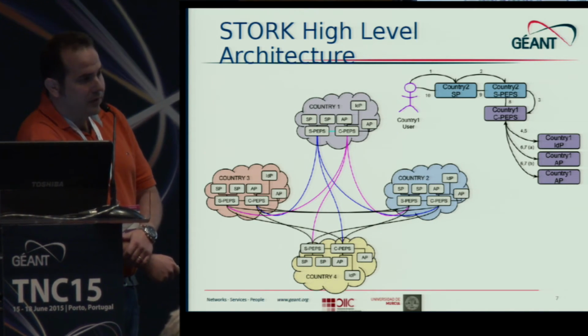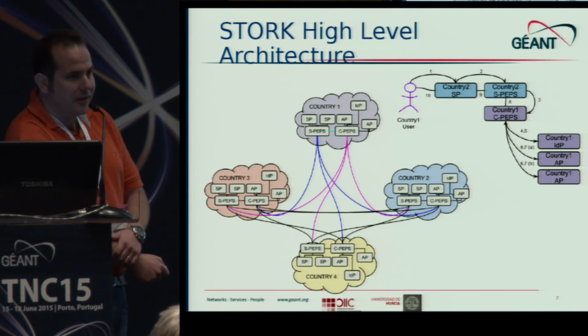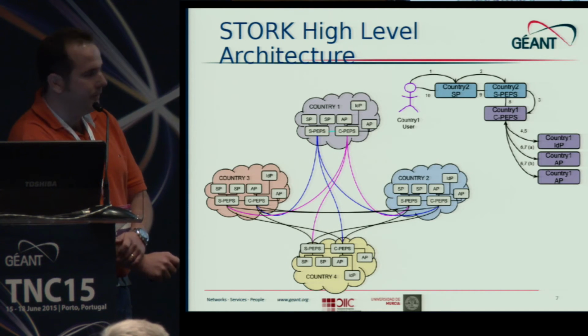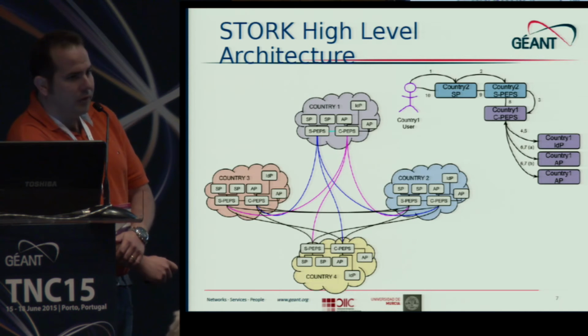Then there are several steps to go to each attribute provider to recover those attributes. On each of these attribute providers, you are asked to release your attributes. Then you go back to the service, if you give all the attributes needed for having the service.